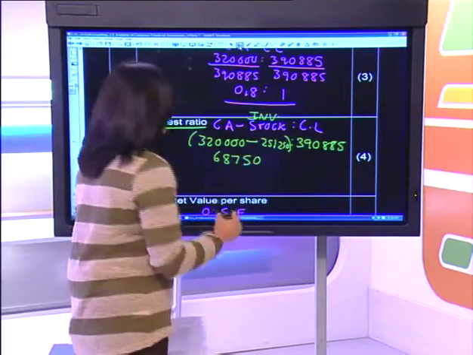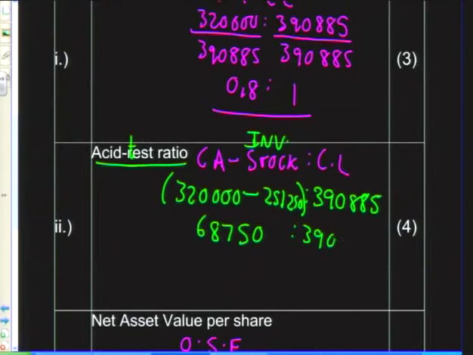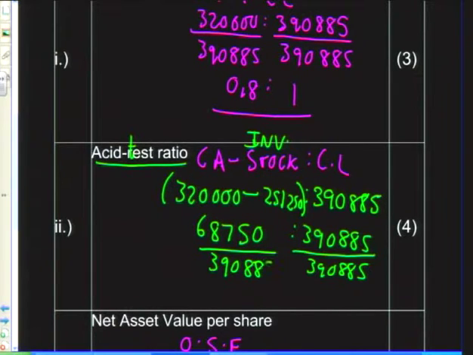Can you still pay your current liabilities compared to 390,885? So again, guys, we're going to divide by 390,885. Whatever we do on the left-hand side, we do on the opposite or the right-hand side as well. So 390,885.